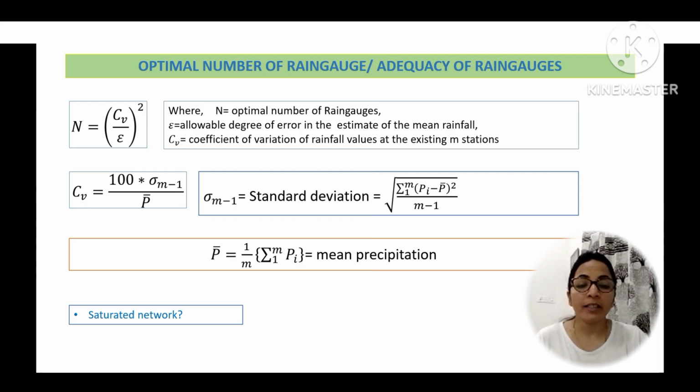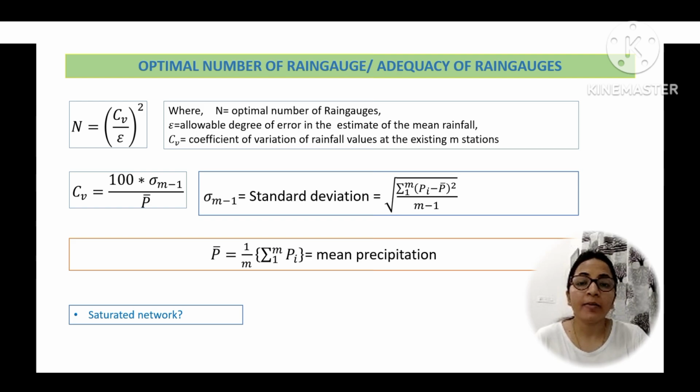per 500 square kilometers. While in other countries, one rain gauge is provided for 100 square kilometers. Israel has the maximum rain gauge density, which is 37 rain gauges for every 1000 square kilometers.